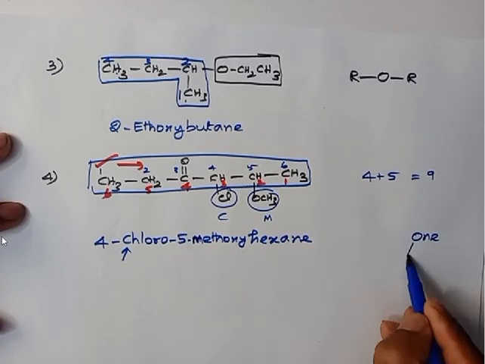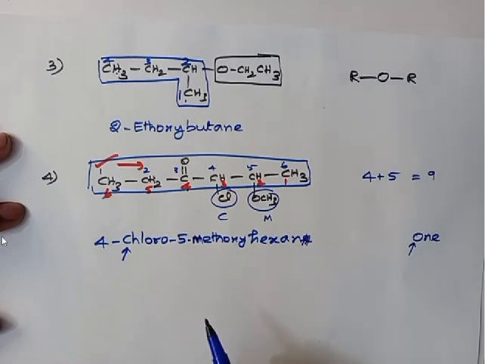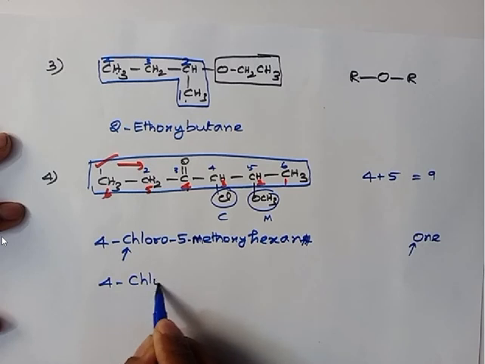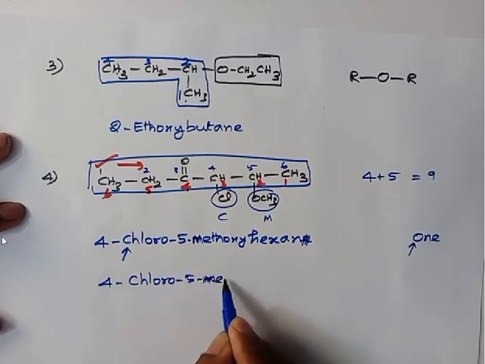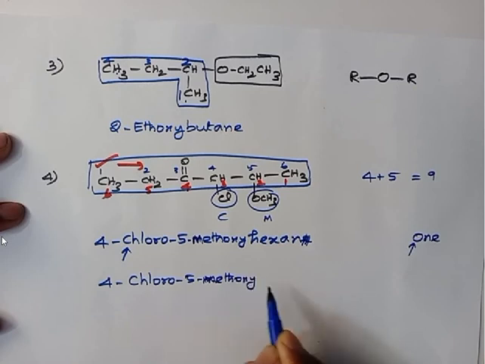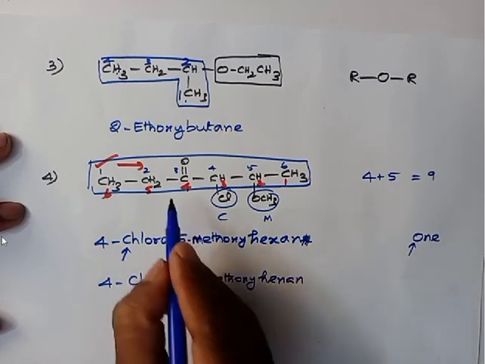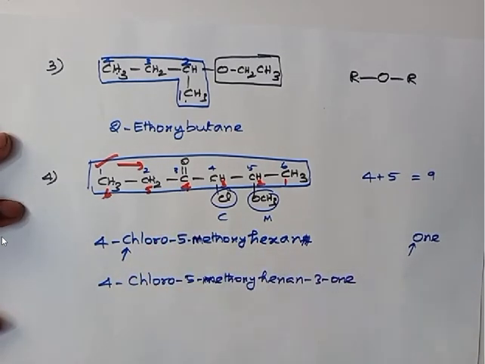The first letter is a vowel, so you should remove the suffix E. Let me write again: 4-chloro, 5-methoxy, hexane. The ketone is present at carbon number 3, so 3-one. 4-chloro, 5-methoxy, hexan-3-one. This is the IUPAC name for this compound.